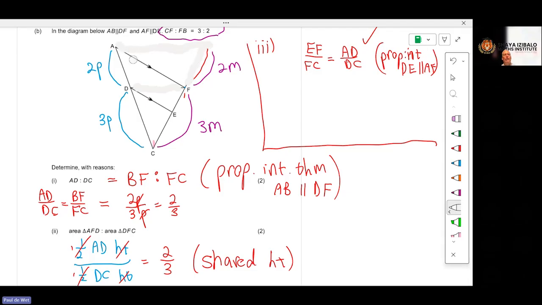Do you see the proportional intercept theorem now? It's easier to see, am I right? I'm just focusing on those lines. Okay, so I'm going to put those lines back. So what is that ratio as a number? What's the actual answer for the ratio? What's EF to FC going to be?